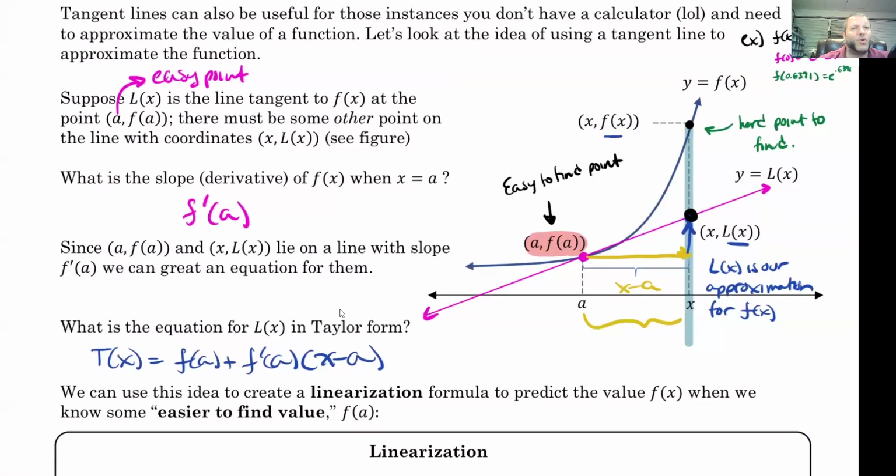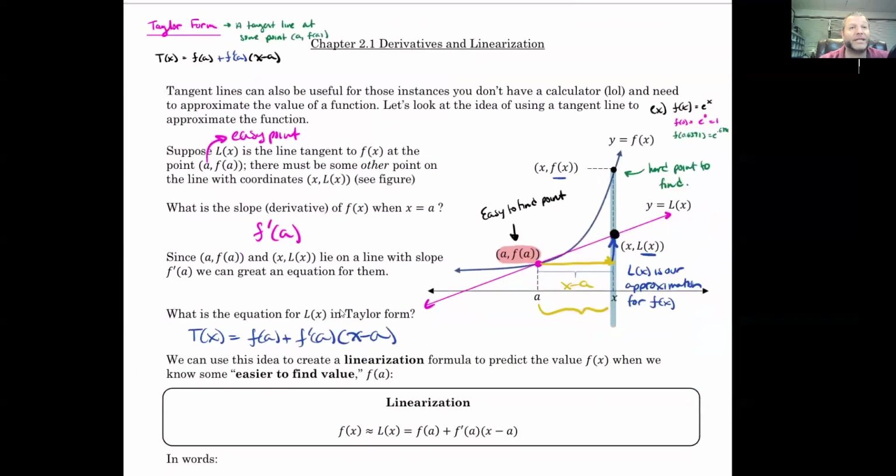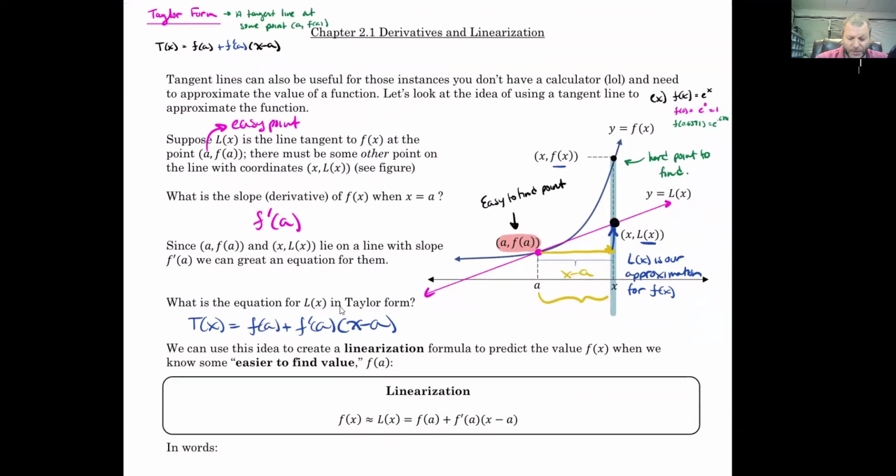So this is what we call the linearization. Again, linearization is just Taylor form of a line. The only difference is that when we say linearization, it means we're trying to figure out some y value based off of some easy to find x value in our function.